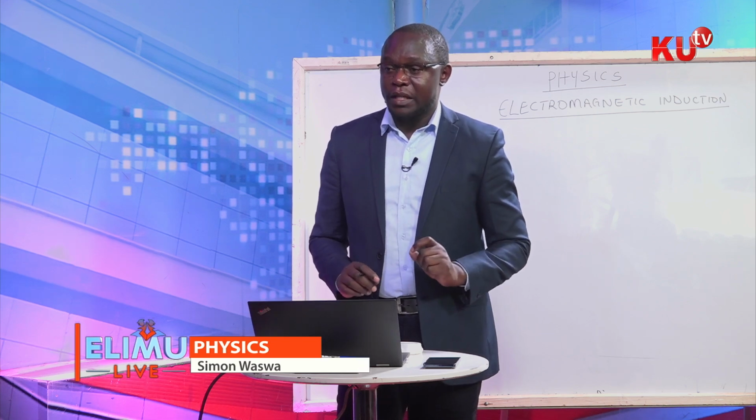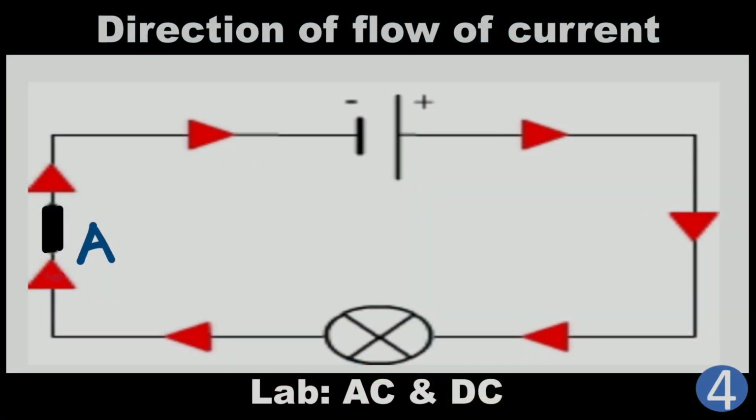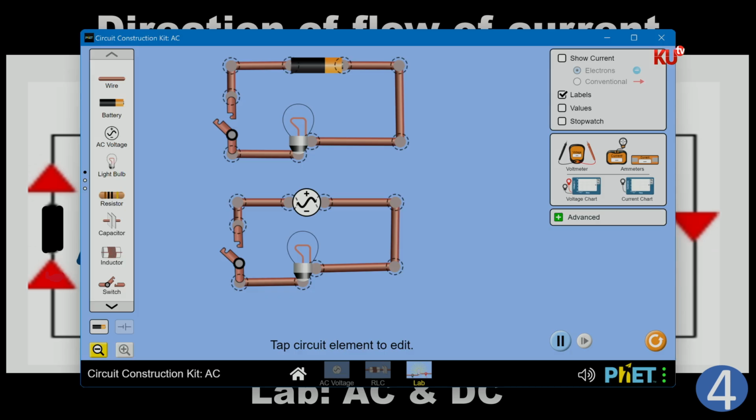Current will flow from the negative terminal of the battery to the positive terminal of the battery. Now, what happens to the charge? The charge deflects from the positive terminal to the negative terminal. And so, to understand all this, it is good that we have a simulation to represent the phenomena.